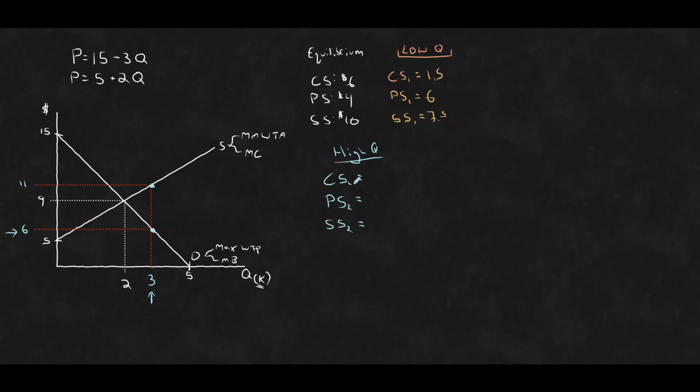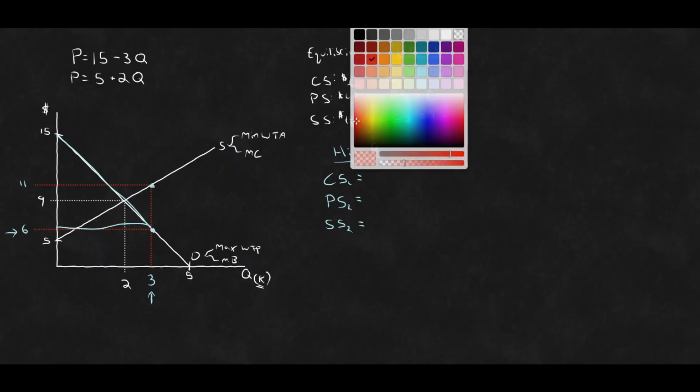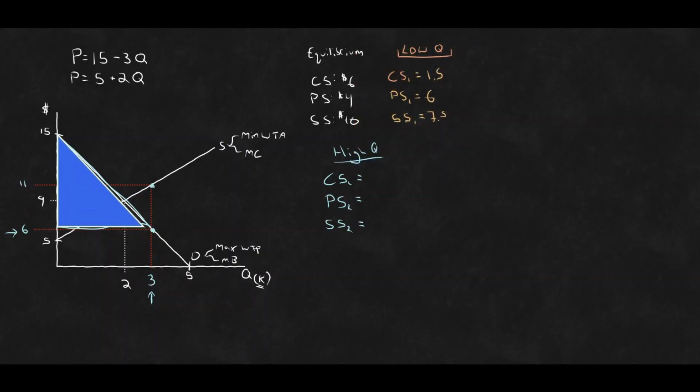Let's start off with that consumer surplus. Again, it's the difference between what we are willing to pay and the price we have to pay. So a pretty big area altogether. Let's use blue for the consumer, and we get that triangle.